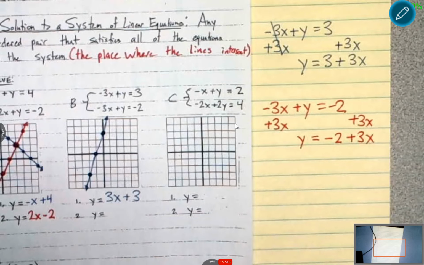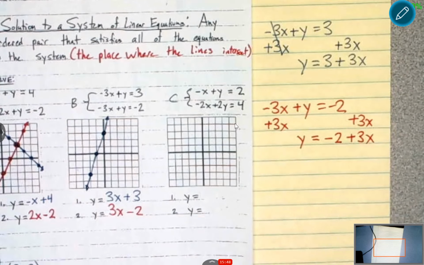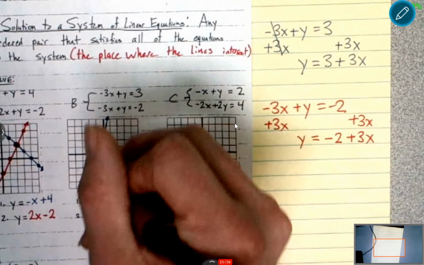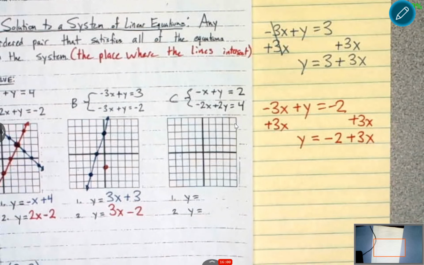So I'm going to rewrite that as 3x minus 2. And I get 3x minus 2, and I'm going to graph that one. My y-intercept is negative 2. My slope is 3, so I'm going to go up 3 and right 1. Logan? I noticed something about the lines.